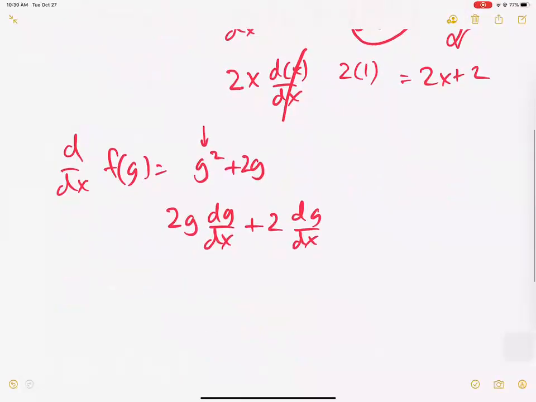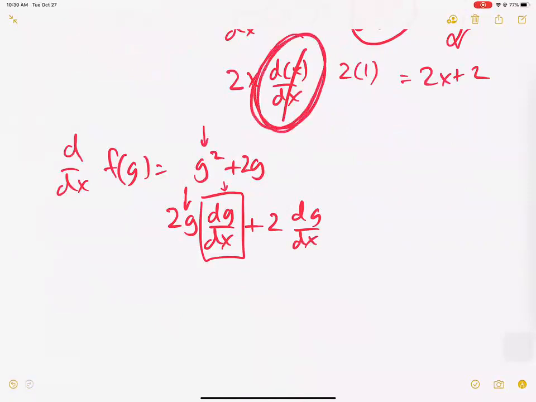Now the problem is, what is this saying? Once you're done with this guy, go take the derivative of g, whatever g could be. And this is essentially where the chain rule comes from: after I do my power rule, you have to take the derivative of that variable. In this case, this was just 1, easy. But if it's not the same exact variable, you have to go back and take the derivative of that g.